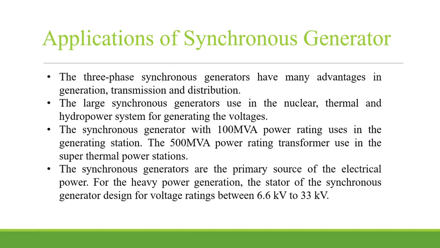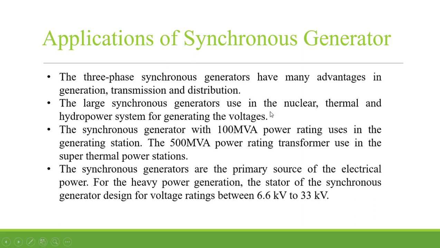Now coming to the applications of the synchronous generator. It is advantageous if we produce electricity from a three-phase synchronous generator. That three-phase AC can be used for transmission and distribution purposes. So this synchronous generator can be used in nuclear power plants, thermal power plants and hydropower plants also.